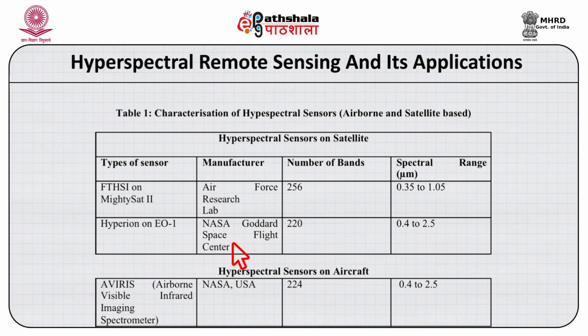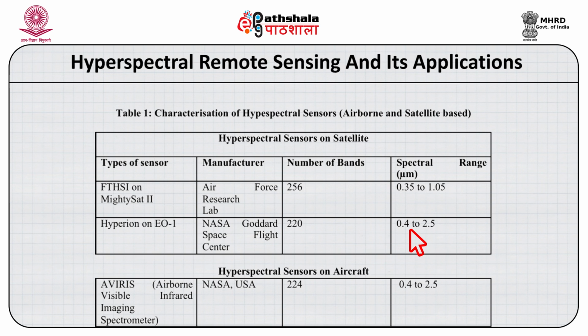These two sensors have spectral bands of 256 for FTHSI and 220 for Hyperion imagery. And the best part is that if you see the spectral region of Hyperion data, its spectral range is 0.4 to 2.5 micrometer. So, narrow band, but the number of bands is 220.